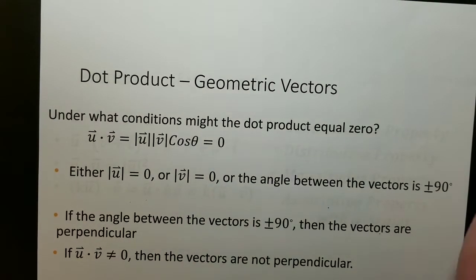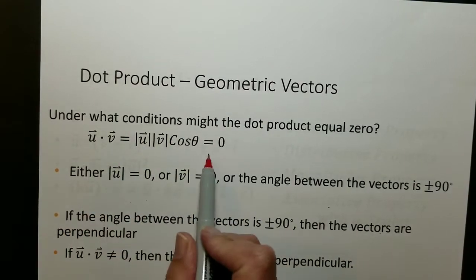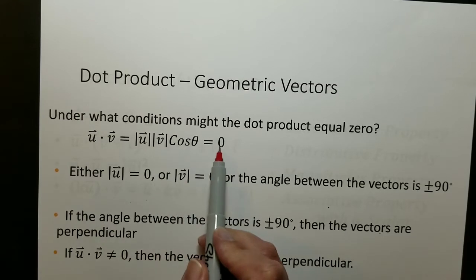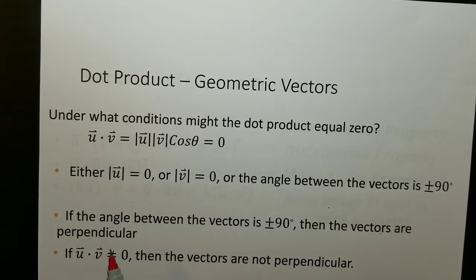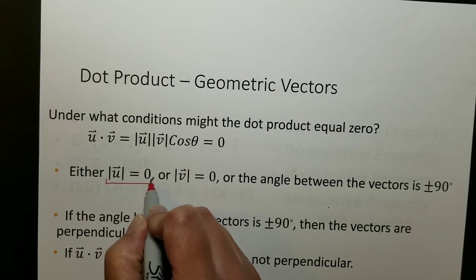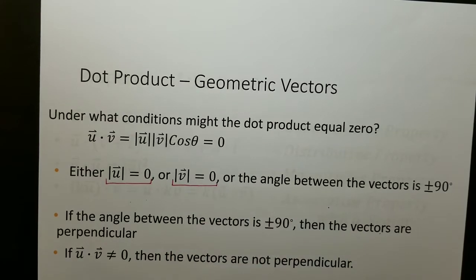So basically we're analyzing this. If magnitude of u, magnitude of v, cos theta equals 0, we have three choices. Either magnitude of u is 0, or the magnitude of v is 0, or the angle between is 90 degrees.